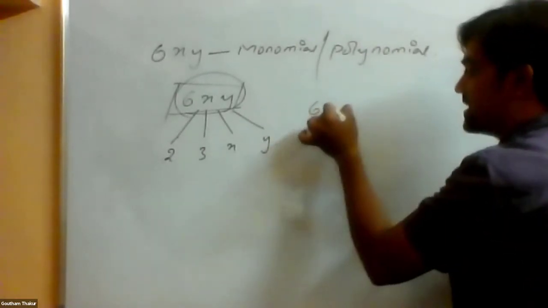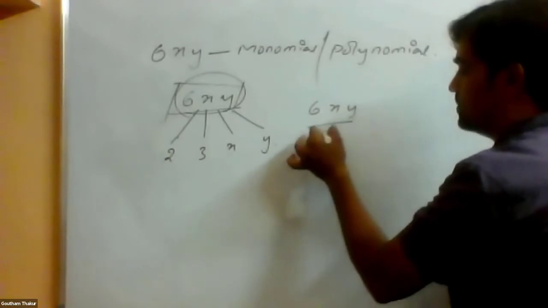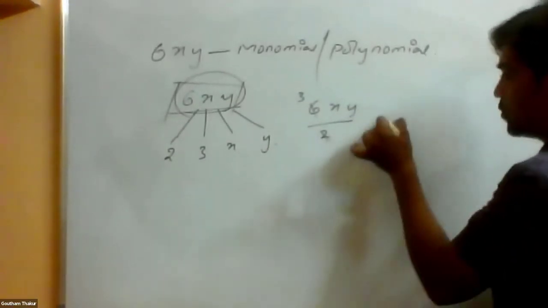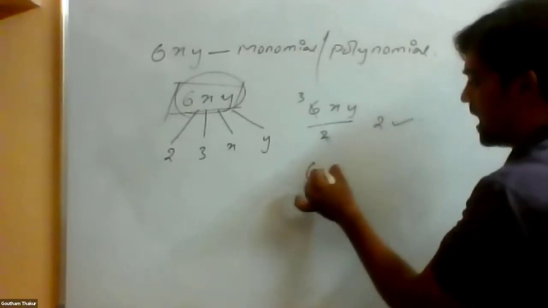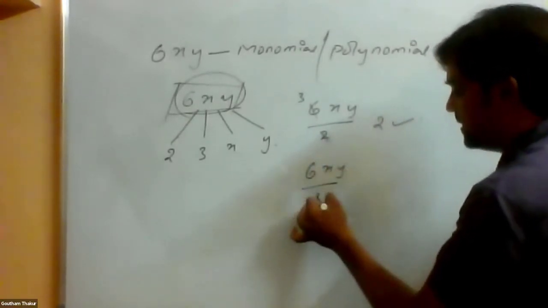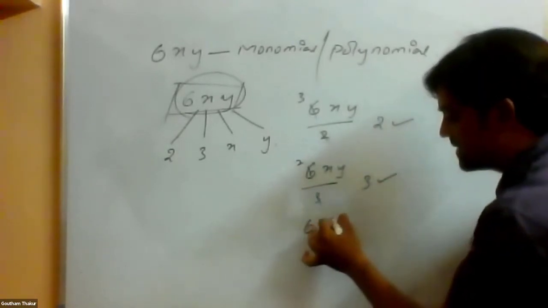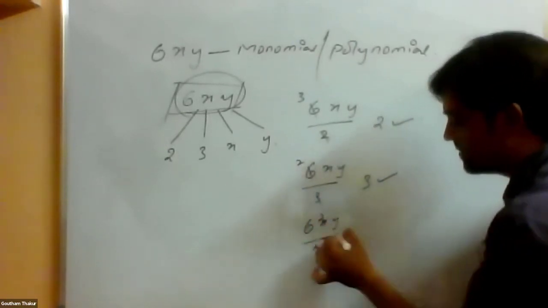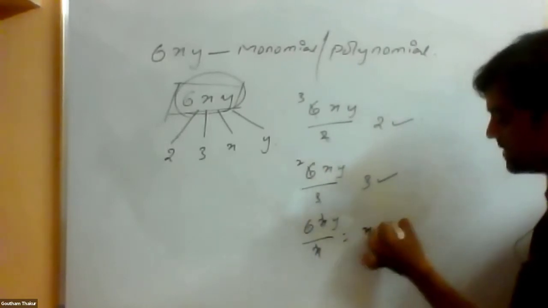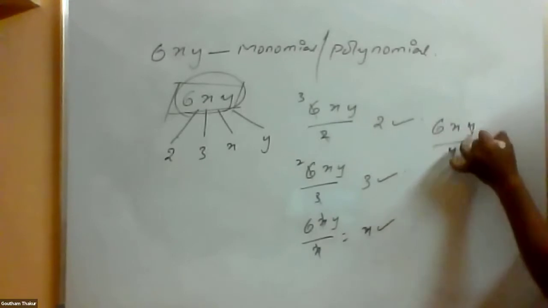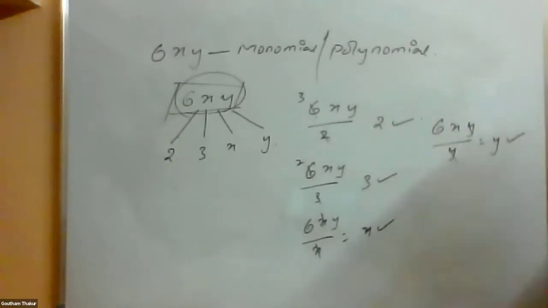For example, if I take 6xy divided by 2, obviously 2 goes 3 times, the remainder is 0, so 2 is a factor. 6xy divided by 3, 3 goes 2 times, so 3 is a factor. 6xy divided by x, x is a factor. 6xy divided by y, y is a factor. Like this. Clear with this?